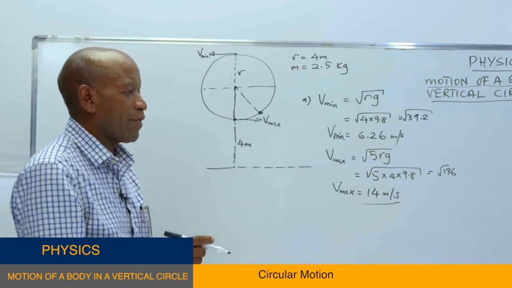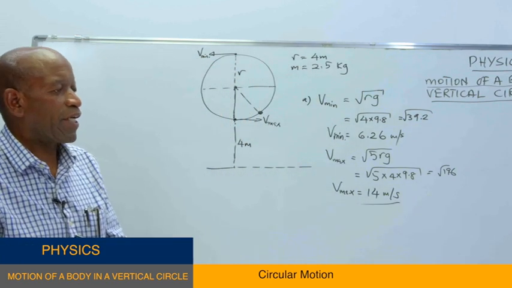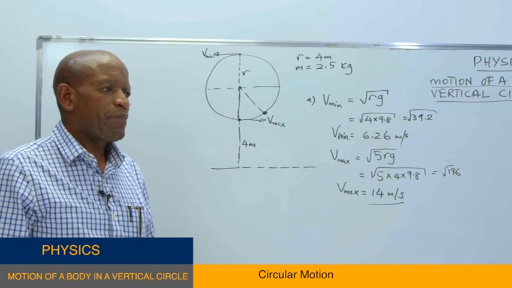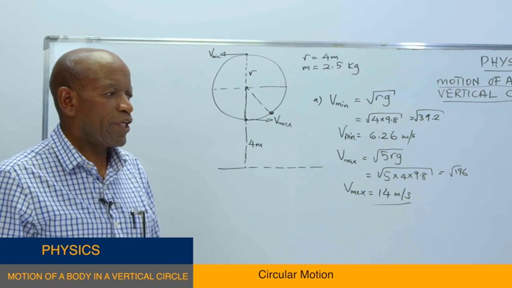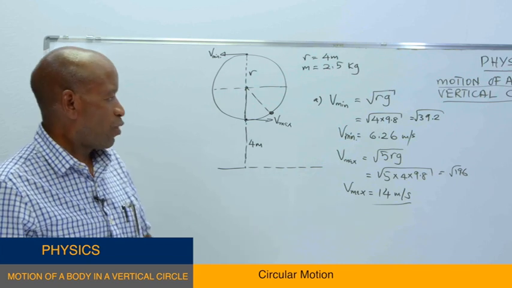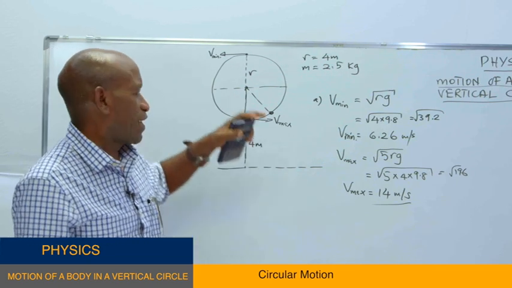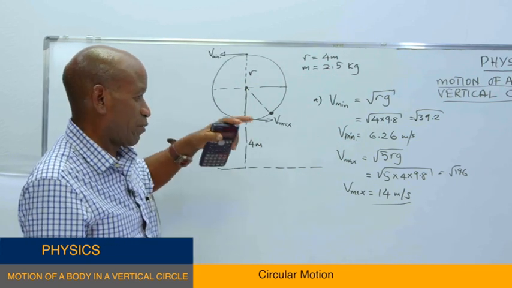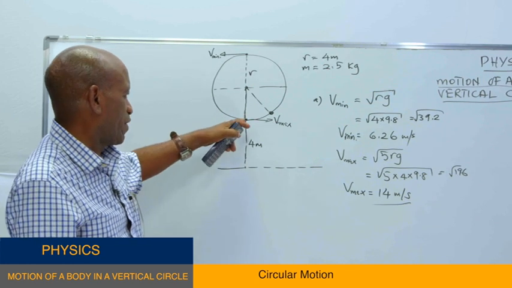That is part A. Part B, we are going to look for the kinetic energy, potential energy and the total energy possessed by the stone. So we'll be looking at all of these energies at the top and at the bottom.